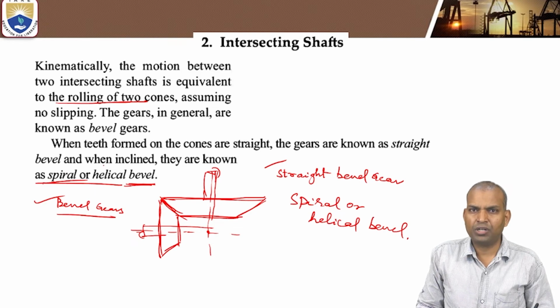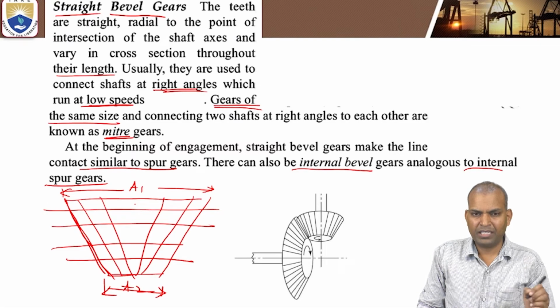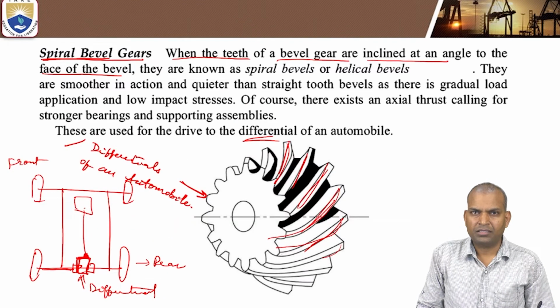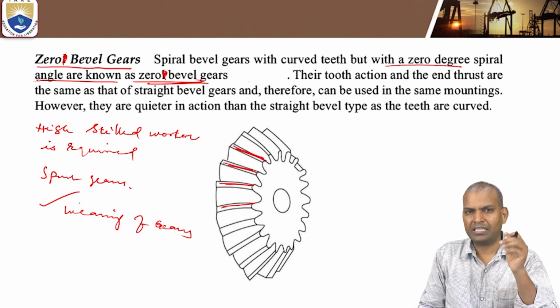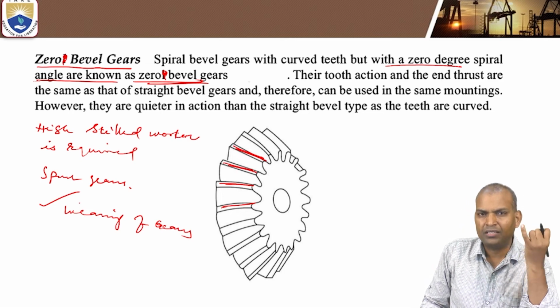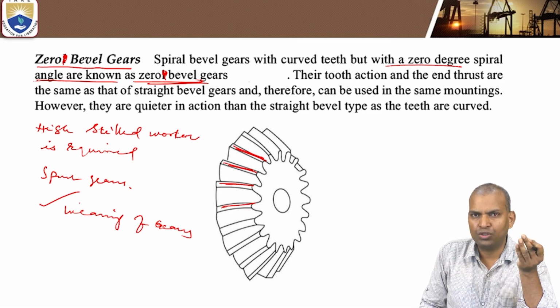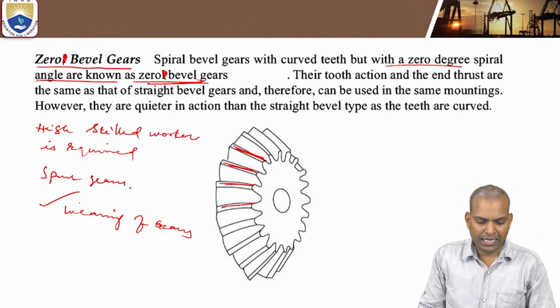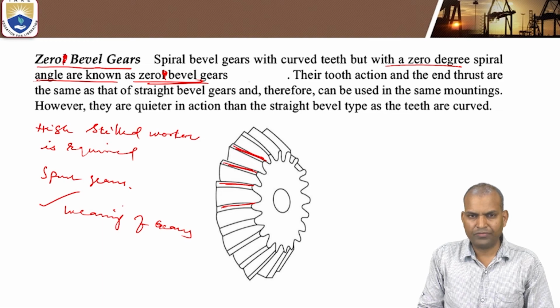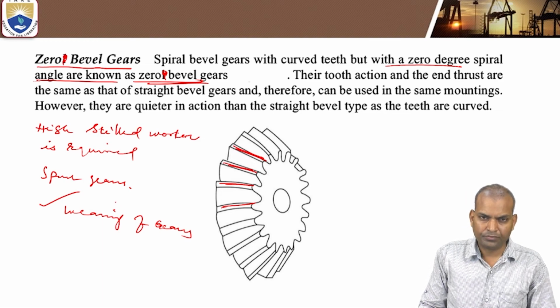Under bevel gears there are types: straight bevel gear, spiral bevel gear, and zero bevel gear. These come under the intersecting shafts classification.